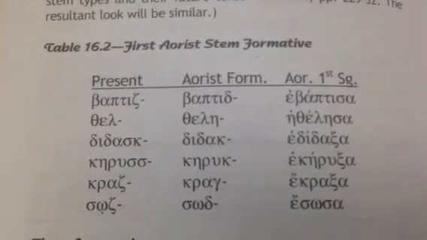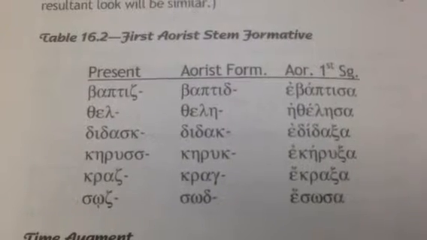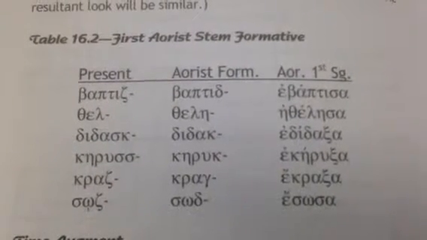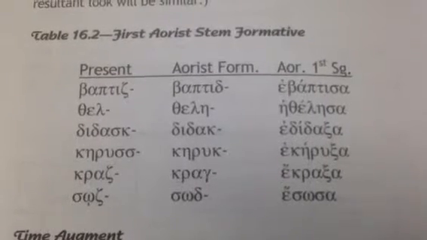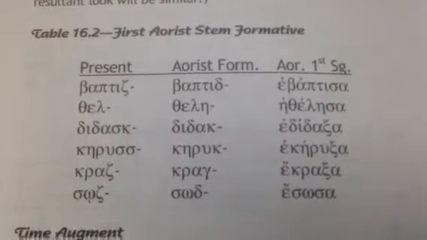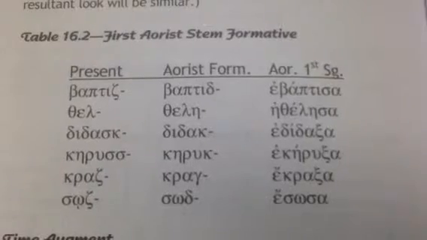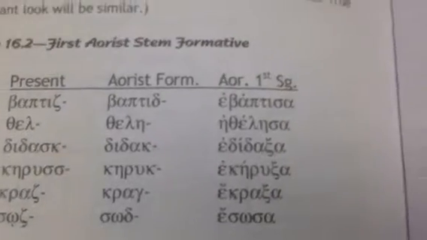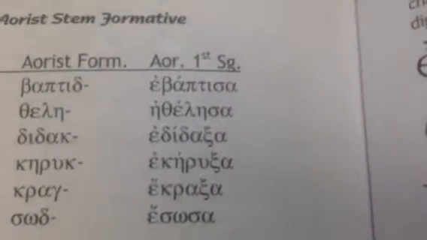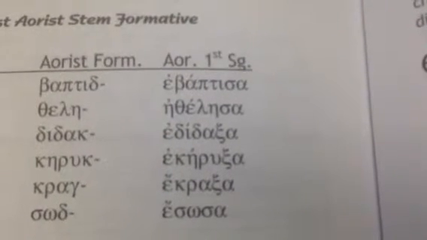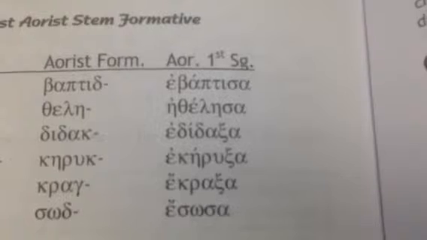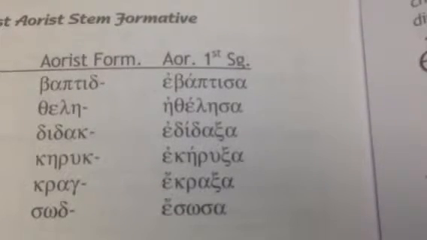Once again, we see the present tense for baptizo, and we notice that the aorist form actually is baptise, so we suspect a hidden stem there. So the first aorist builds off it right here by adding an augment and by adding a sigma alpha at the end.